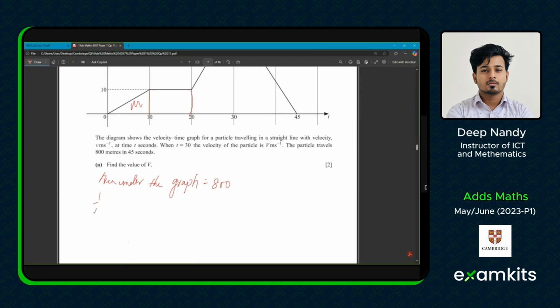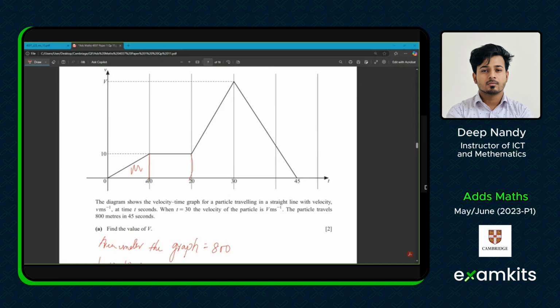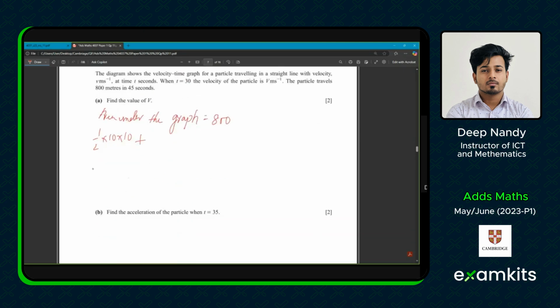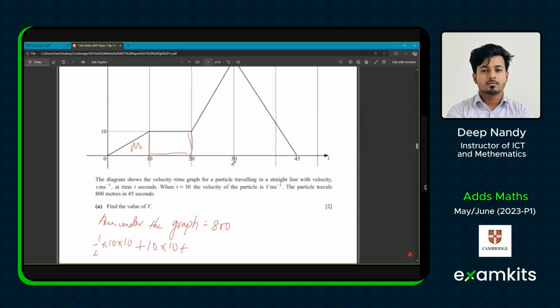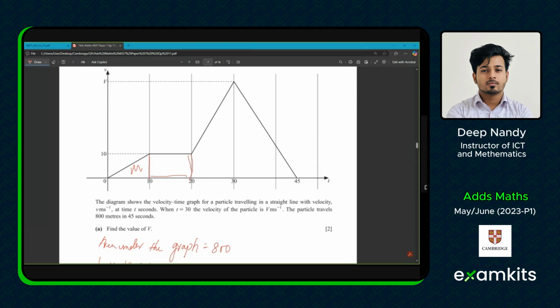The area of that part, as a triangle, is half base into height. Now the second portion, the distance from here to here, is 10, and the height is also 10 as it's a square. So it's 10 times 10, plus the remaining part. Here it's a trapezium, so we use the formula half (a plus b) into height.